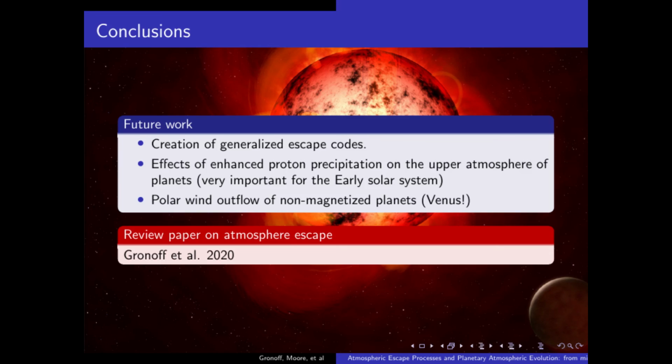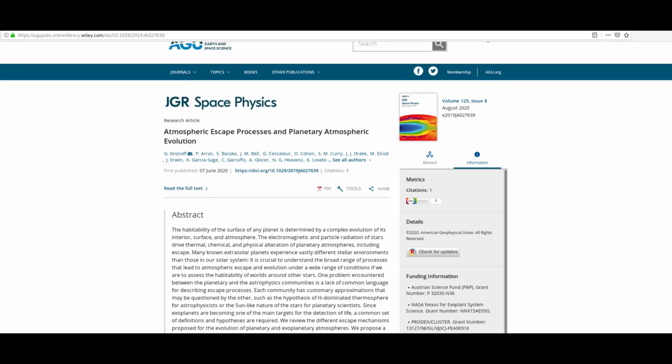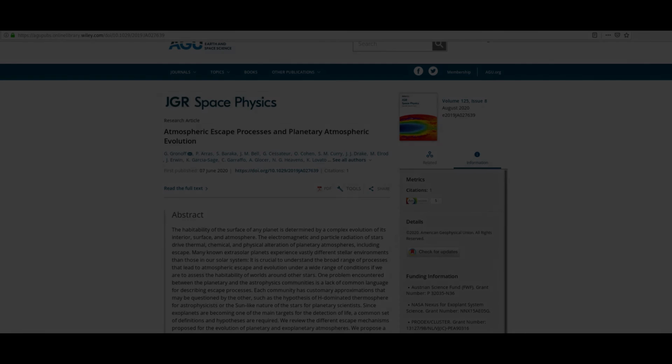And we are working on part of that code with the calculation of polar wind outflow for non-magnetized planets such as Venus. We have a review paper on the escape processes that was published last year in the Journal of Geophysical Research.